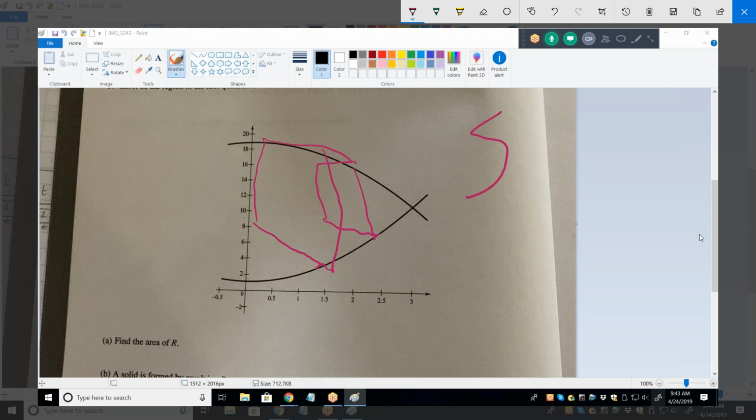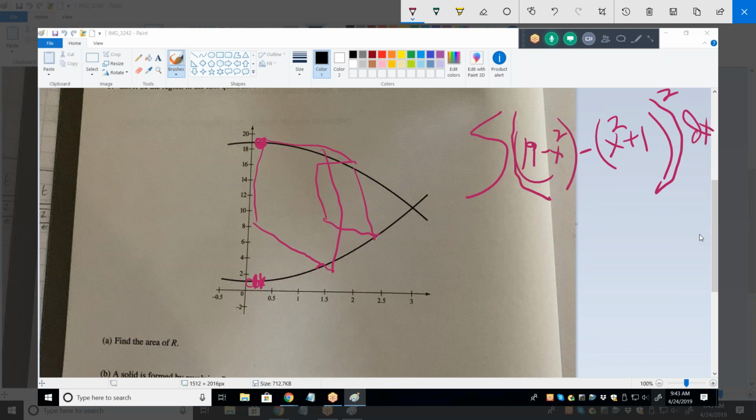And what's the first s? 19 minus x squared, minus the other function, x squared plus 1, and then all squared. Yeah, that's this distance right there. So that first square is going to have a base of that, and then that distance has to be squared to give you the area. And that gives you the volume.